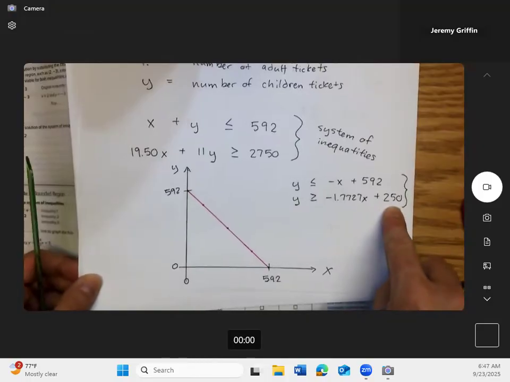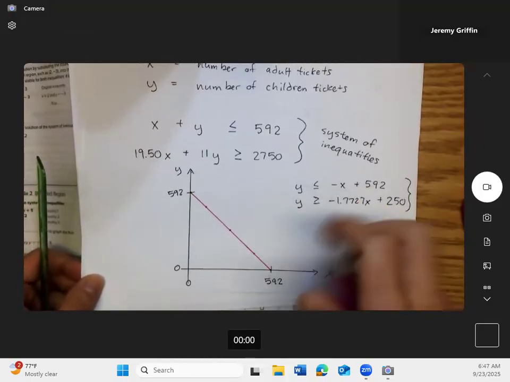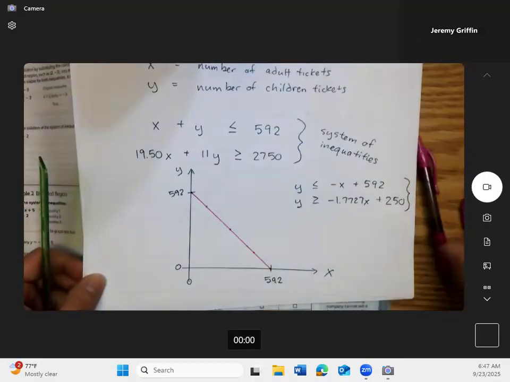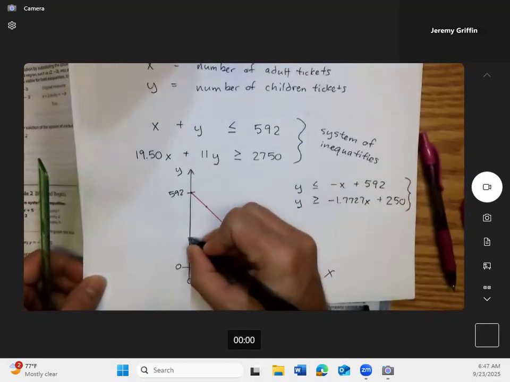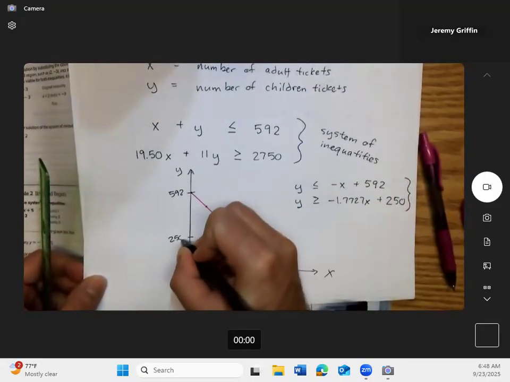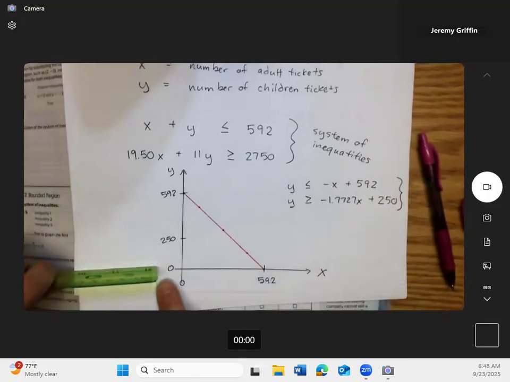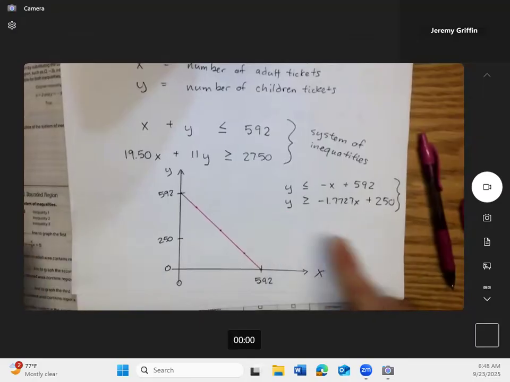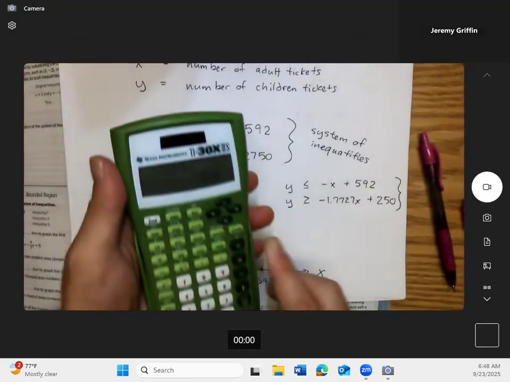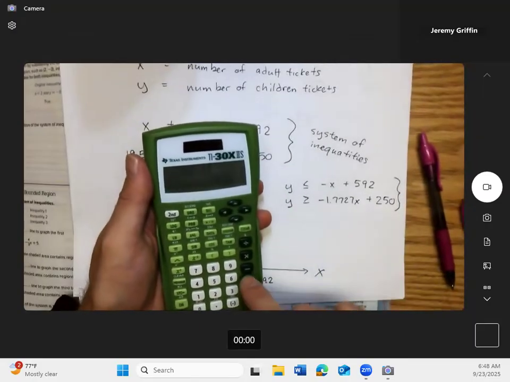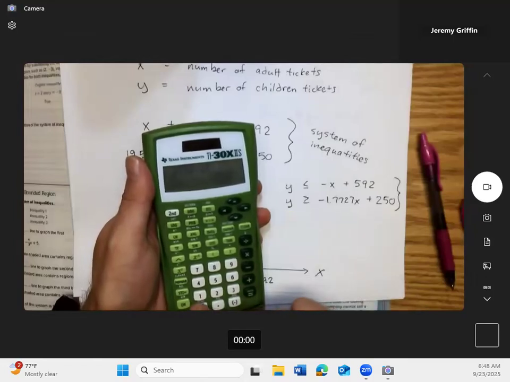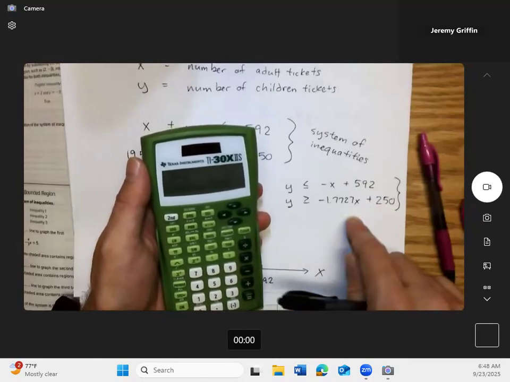Now, what about this bottom one here? Well, I know 250 would be the y-intercept. That's not quite halfway up there, so maybe approximately right here could be 250. I wonder what the x-intercept would be. Well, I know the y value for the x-intercept is always zero. So let me plug in zero for y and see what that comes out to. Zero, subtract off 250, and then divide by this.